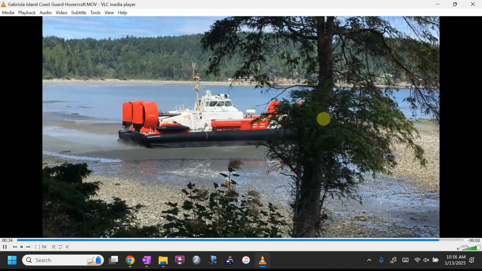Can pass cars on the freeway on land. They'll shred the skirt, they'll do damage, but they're authorized to do that if it's life and death. And so the big advantage with those, especially, in fact, they had just been to Gabriola Island 2 days earlier.